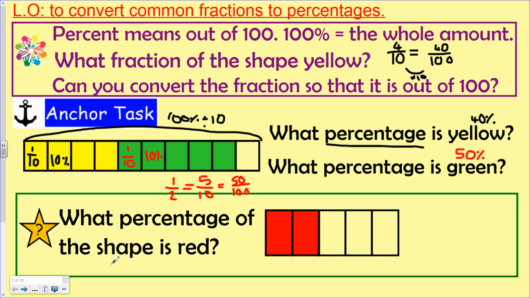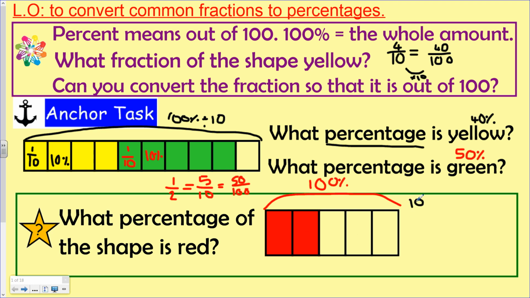The next bit then, what percentage of this shape is red? This time I know that my whole is 100%. The first thing I need to work out is how much each little bit represents. I'm just going to change the colour of my pen so we can see it. There are 1, 2, 3, 4, 5.